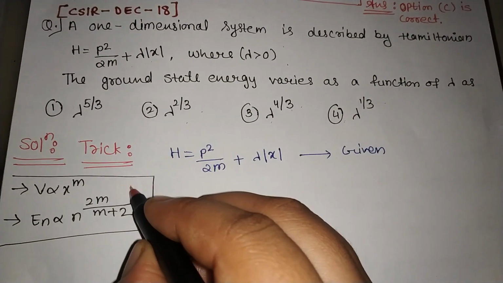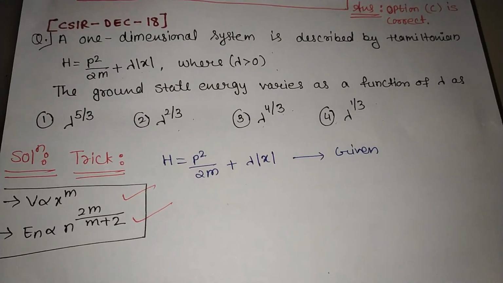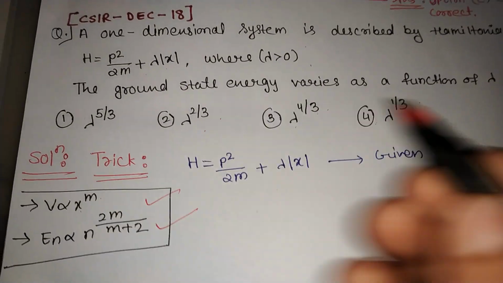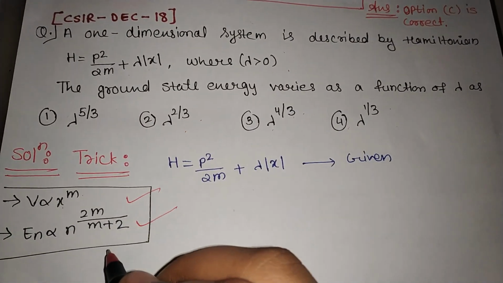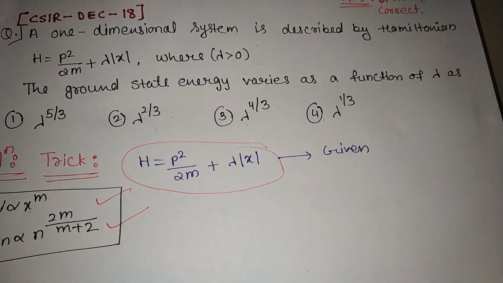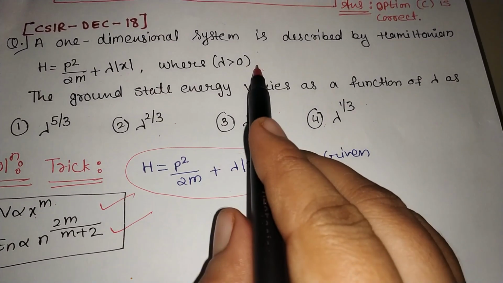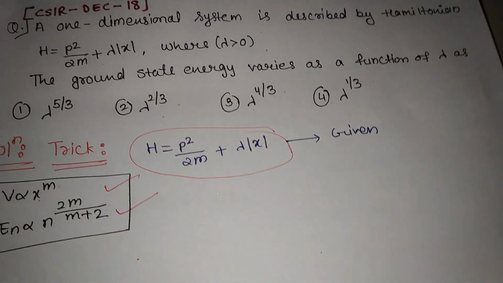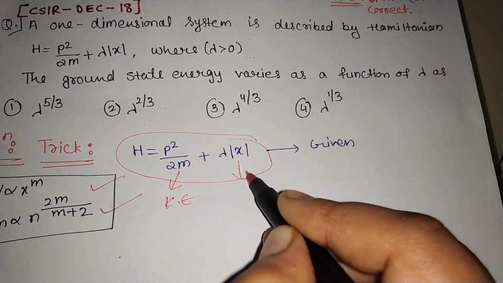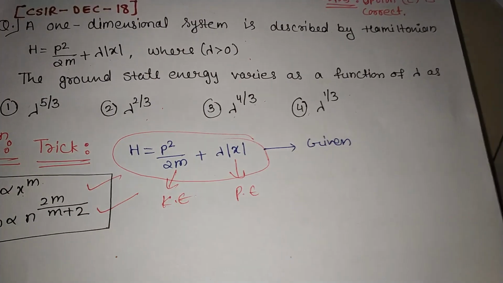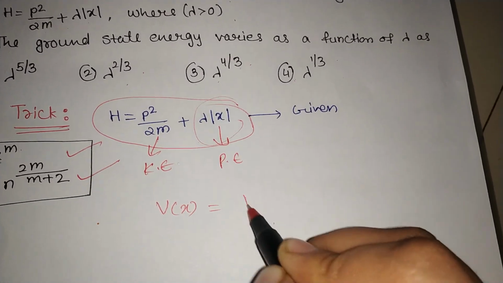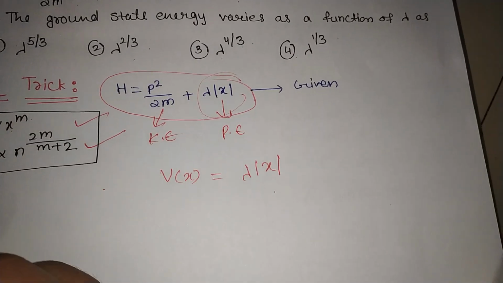Obviously, you are now aware of the two equations that we have to follow. First we have to find the power of x, that is m. So what is the power of x? Here we have been given the Hamiltonian for a one dimensional system. The total energy is p square upon 2m, which is the kinetic energy, and the rest is the potential energy, which is lambda mod of x.